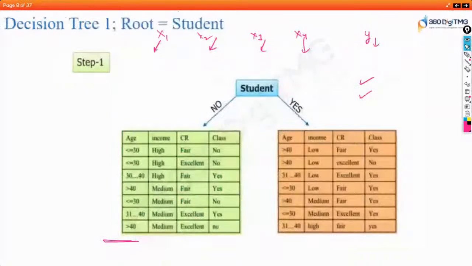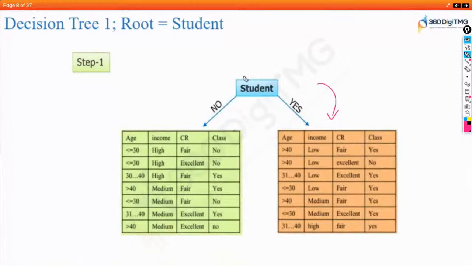So we will take student as the first logic, first node. As soon as a customer is walking in, we are asking him, hey, are you a student? Now, if he says yes, then put him into this data set. If he says no, put him into this. That 14 records that we have, using that we are defining these conditions.